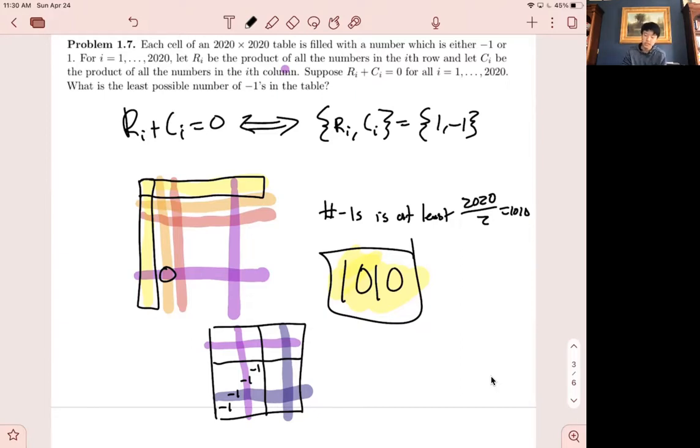Because for each of the values of i, there has to be at least one negative one in either the ith row or the ith column.